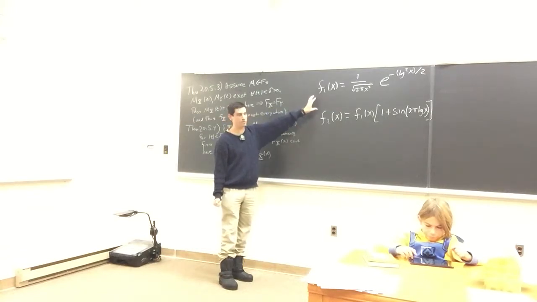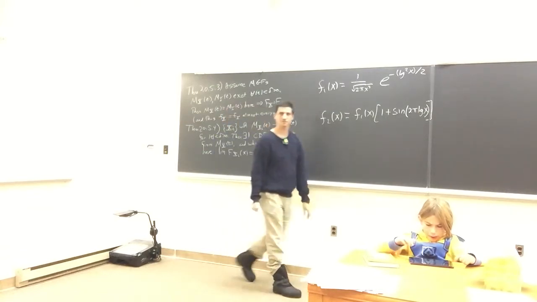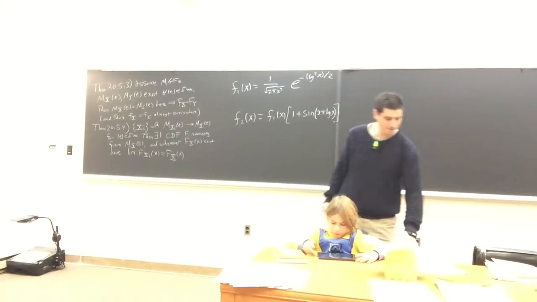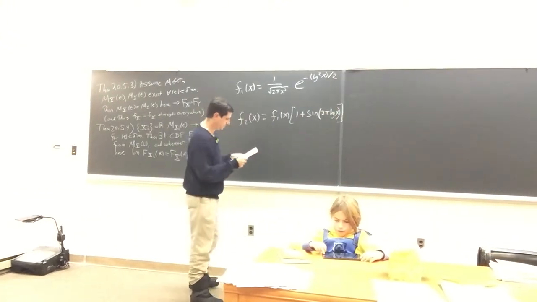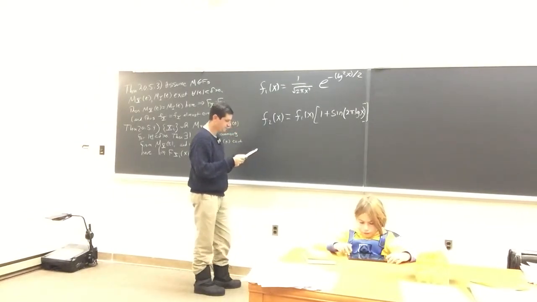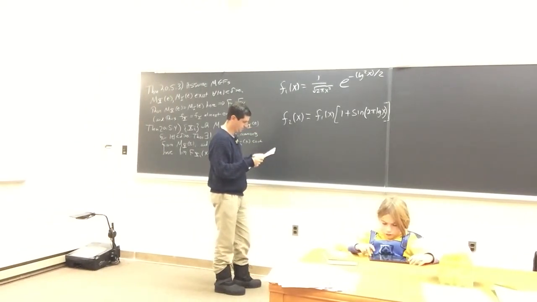So these two distributions, do we agree they're very different? Okay, if you use complex analysis, you can calculate the moments. And they have the same moments at the integers.